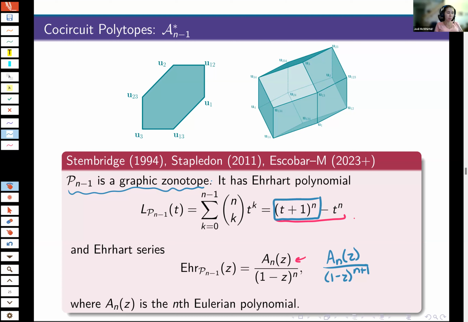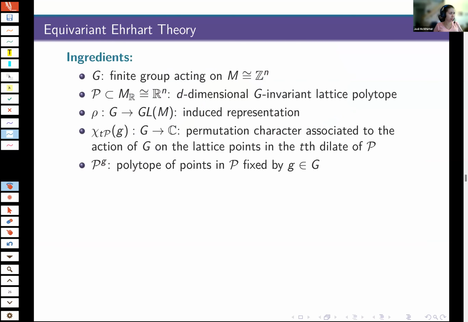So these polytopes showed up as co-circuit polytopes when you start out with the oriented matroid built off of the complete graph, but we've actually found them now in two places. One of them is this graphic zonotope case, and the other I'm going to tell you about through some work of Stapledon. So let me tell you about the work of Stapledon, and then I can tell you how these polytopes showed up there.